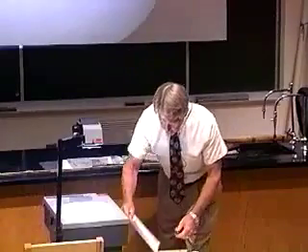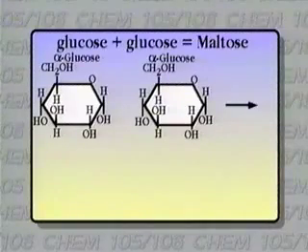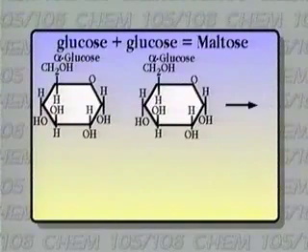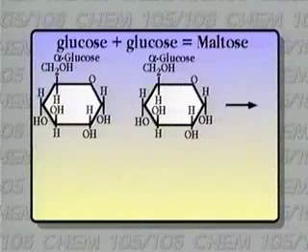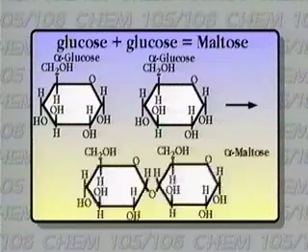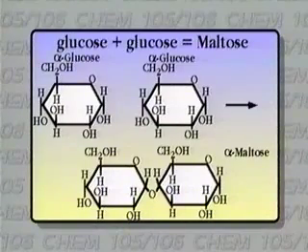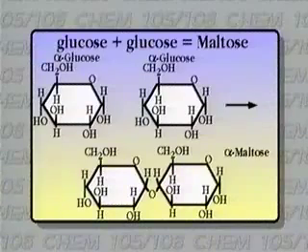Another combination is a glucose plus a glucose. An alpha glucose plus an alpha glucose gives us a disaccharide called maltose. Now, maltose is a sugar that we talked about earlier in the course when we talked about the beer brewing industry.